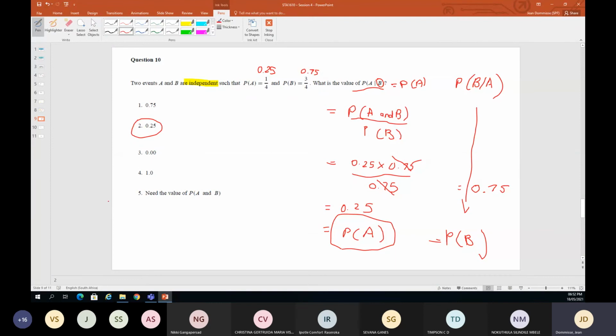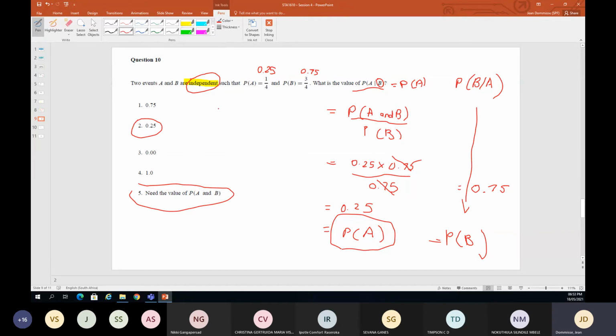Okay, so here one of the options was need the value of the probability of A and B. If I didn't give you that, if I just said two events A and B are such that, then that would have been your answer, because then you can't calculate the probability of A and B. But because they used independent, you can calculate A and B. So again, I think that for me is nearly critical in your exam as well, and also check in your assignment.